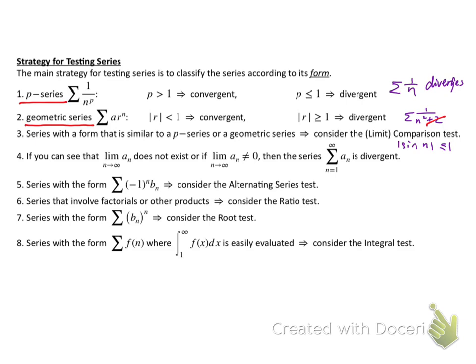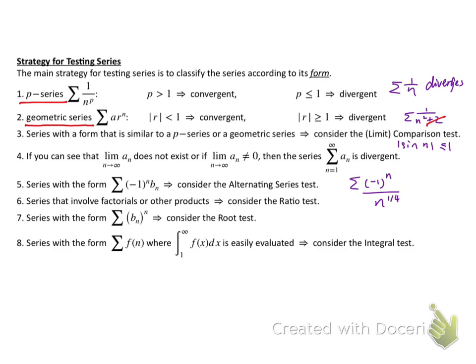Again, this works normally with something like (-1) to the nth power times 1 over n to say the fourth. So pretty much it's an alternating factor in a P series, where P is between 0 and 1. That's where you normally use the alternating series test.